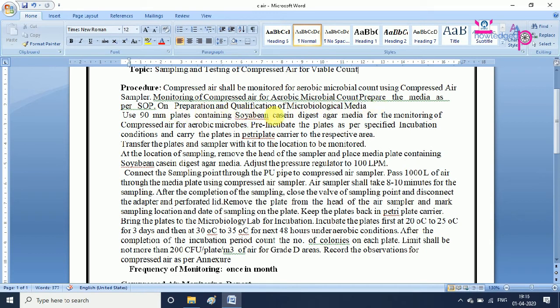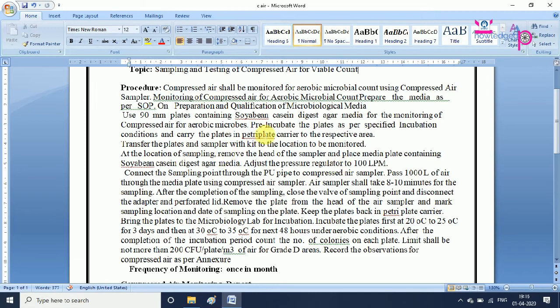On preparation and qualification of microbial media, use 90 mm plates containing soybean casein digest agar media for monitoring of compressed air for aerobic microbes.